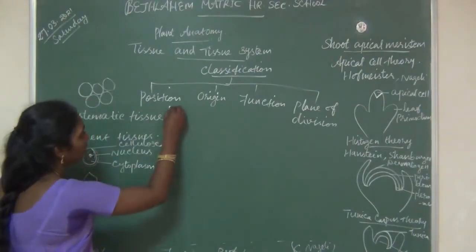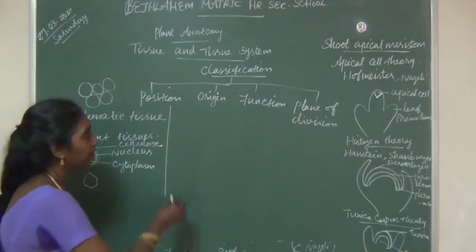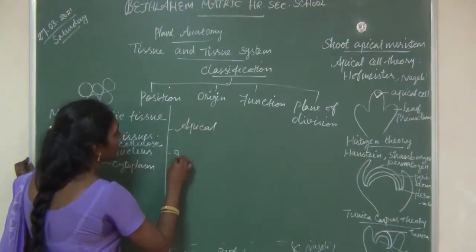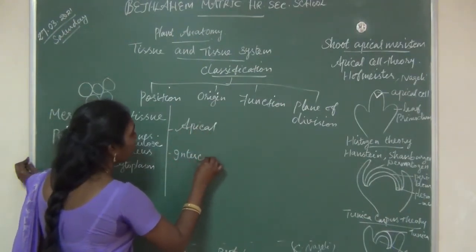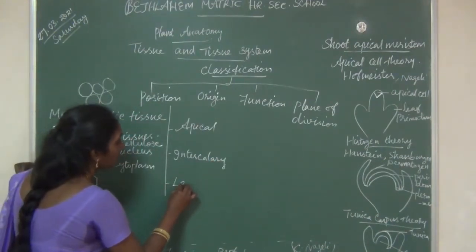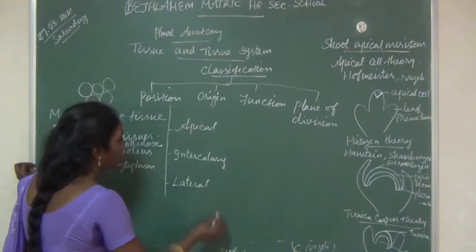Based on the position, it is classified into apical meristem, intercalary meristem and lateral meristem.